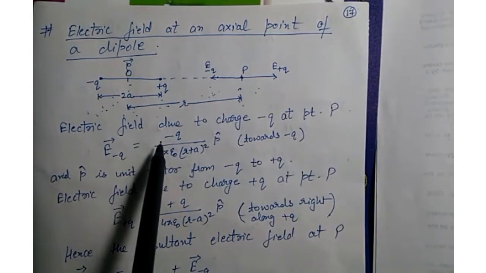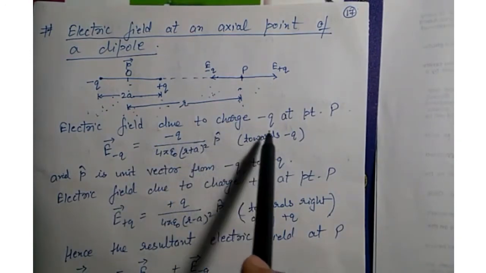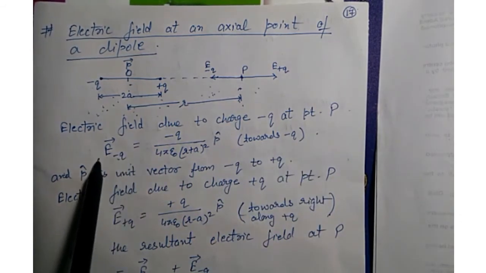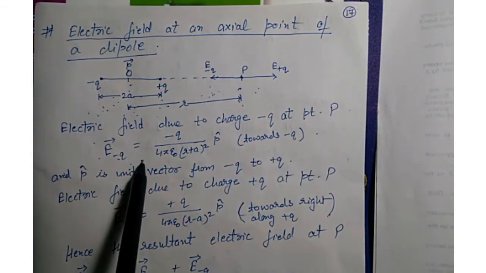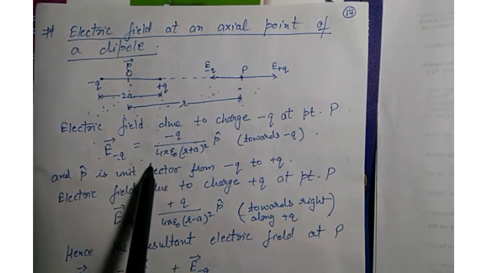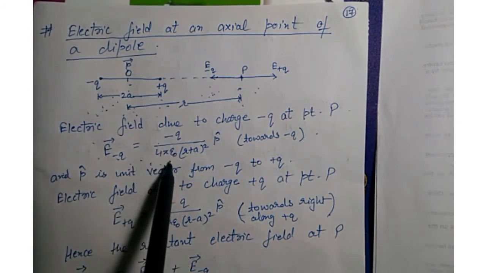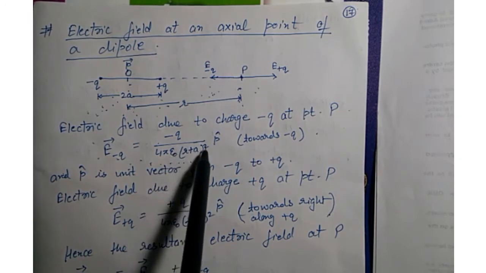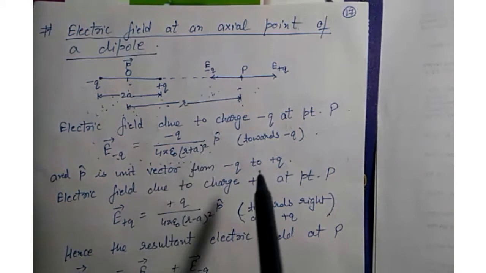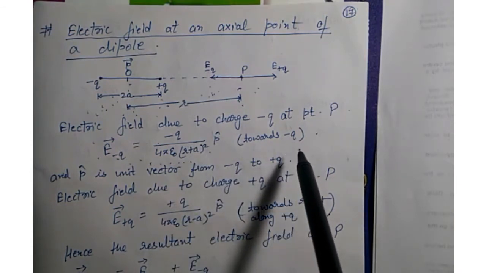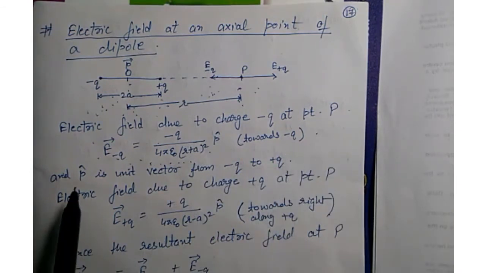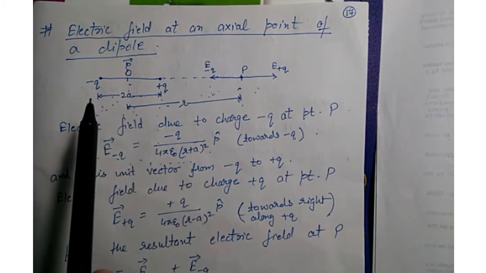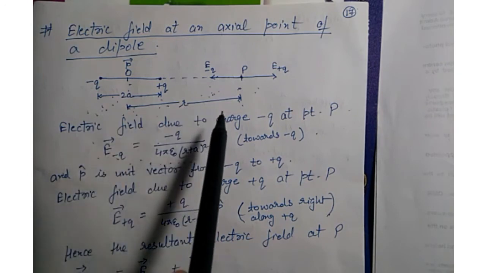So the electric field due to charge minus q at point P, E minus q vector, equals minus q divided by 4 pi epsilon naught (r plus a) whole square p unit vector, acting towards left, that is minus p, and vector p is from charge minus q to charge plus q.